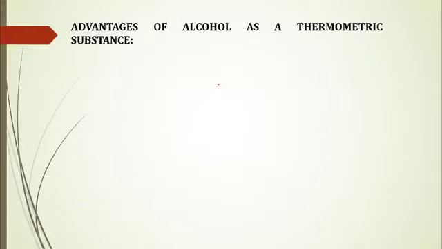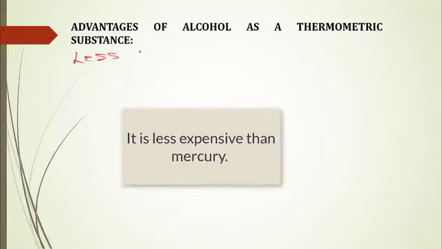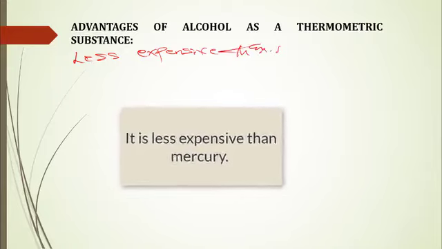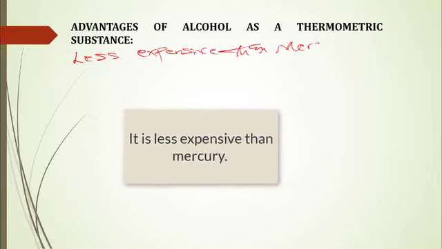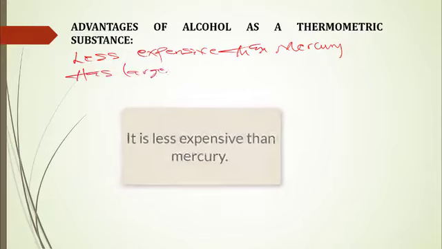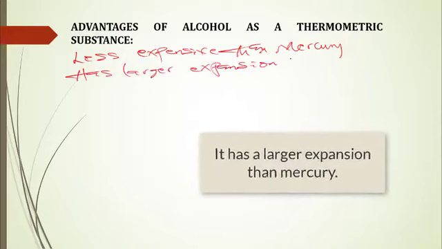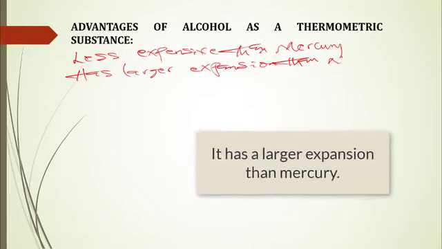Let's also look at the advantages of alcohol as a thermometric substance. One advantage is that it is less expensive than mercury. That is the first one. The second one is that it has a larger expansion than mercury. Let me point out that alcohol expands 6 times more than mercury.